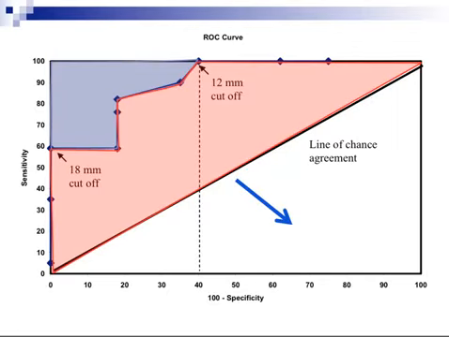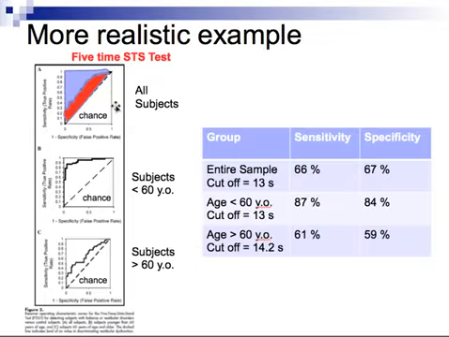So let's apply this ROC curve to an actual test that we would use clinically. This is a study that was done by Diane Risley to look at the 5-time sit-to-stand task and its ability to identify or categorize people at falls risk who were community-dwelling ambulators anywhere from their 50s to 80 years old.